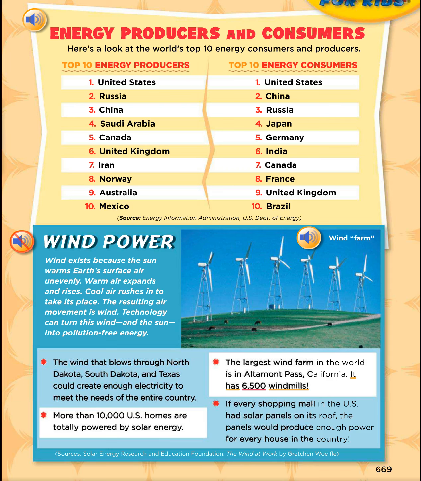It has 6,500 windmills. If every shopping mall in the U.S. had solar panels on its roof, the panels would produce enough power for every house in the country. Sources: Solar Energy Research and Education Foundation. The Wind at Work by Gretchen Wolfley.